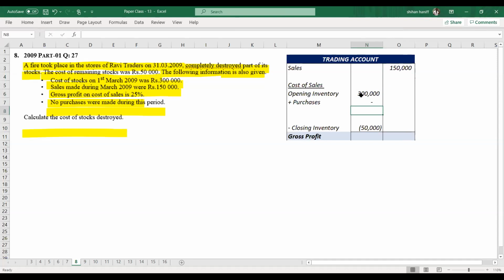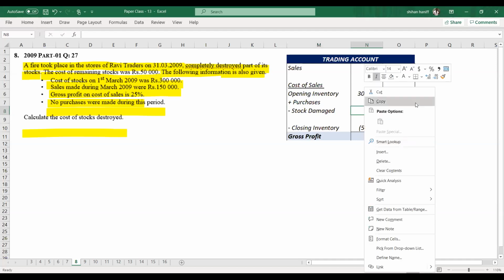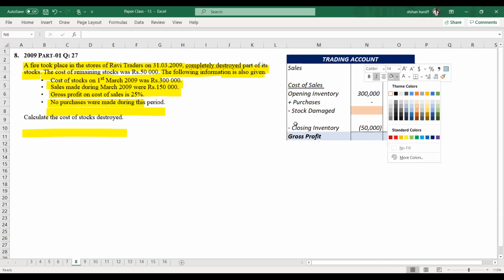Right. So they are asking us how much is the stock destroyed. So stock destroyed, stock damaged, it will be deducted here. So we need to find this value.